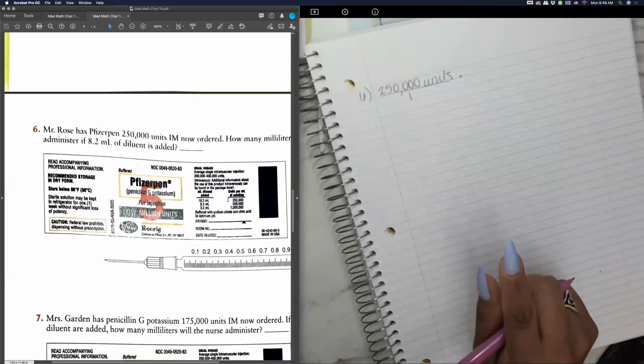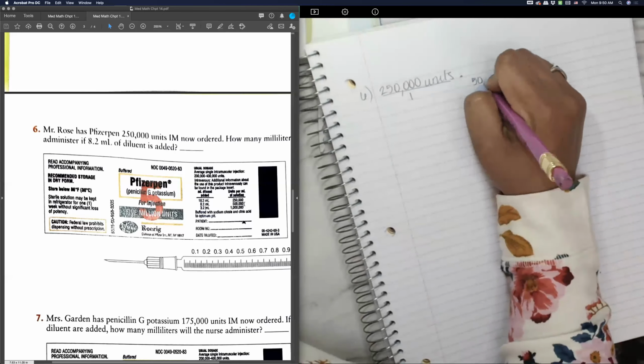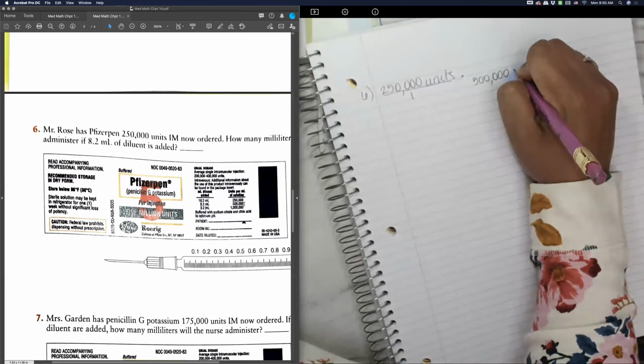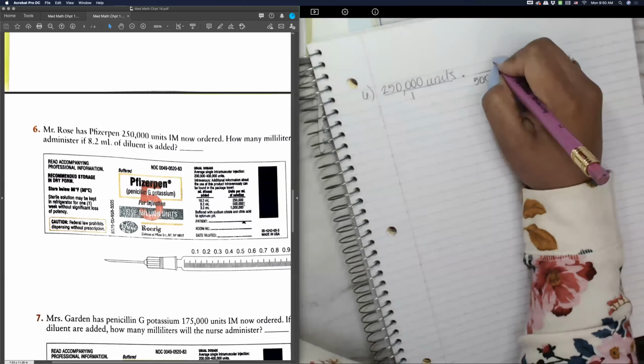So this problem, they're already specifically telling me add 8.2 milliliters of the diluent. So I go to my chart, I find the 8.2 milliliters of diluent, and then I go across so that I can find my dosage strength. So my dosage strength, when I add 8.2 milliliters of diluent, is 500,000 units per 1 milliliter.